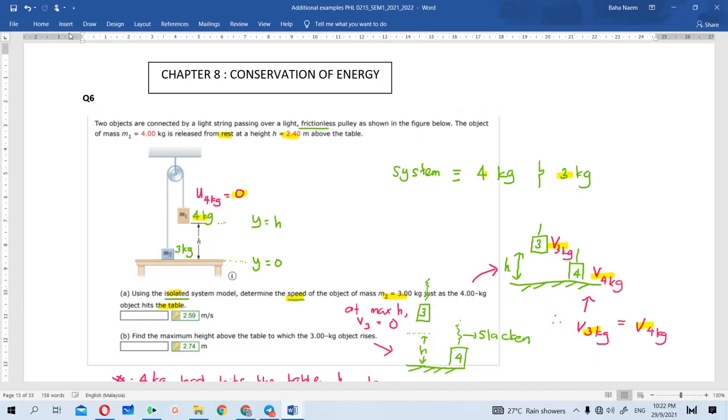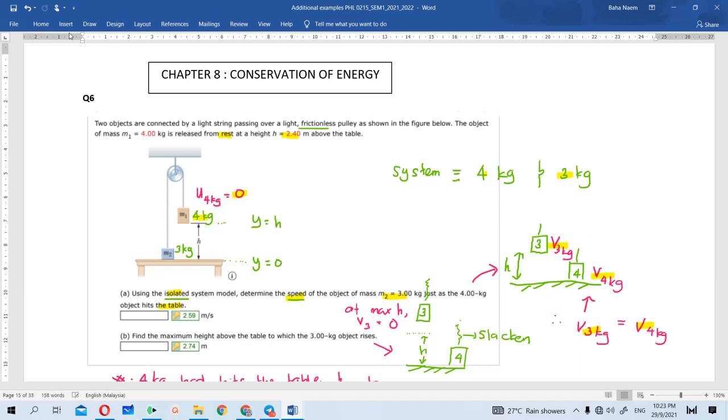So the question asking for the speed of mass 2 can as well be correct if it's asking for the speed of mass 1 just before it hits the table, because they have the same value. Why do they have the same value? It makes sense because both are connected by this string, so they move simultaneously together.